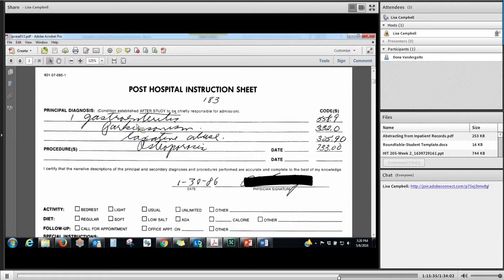So as the coder, one of the things that you have to do is ensure that you follow the guidelines. So when you look at the guidelines, the condition established after study to be chiefly responsible for occasioning the admission of the patient to the hospital, it's really the dehydration. Yes, they had gastroenteritis, but let's think about this for a minute. What was the visit focused on?